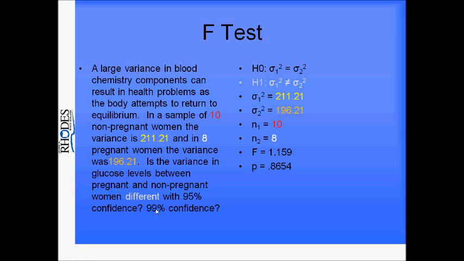Again, it's two-tailed. That's why it's not 0.05 and 0.01. You have to divide that by 2. So the answers, again, are fail to reject for both cases.